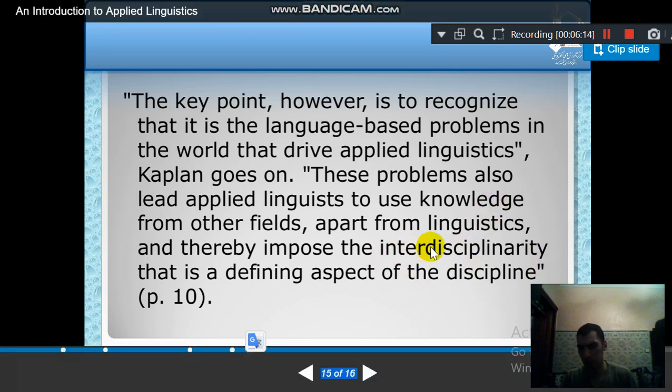Again, the keyword is interdisciplinarity, which I can't pronounce because it's quite a big word. As we said, the other fields are anthropology, computer science, for example, psychology, sociology, and so on.